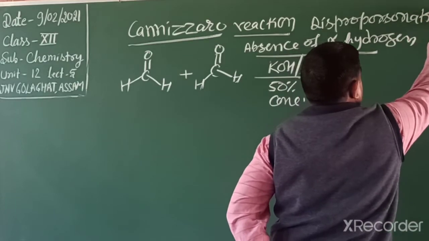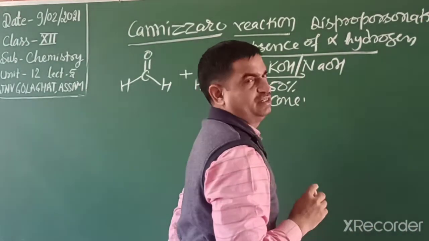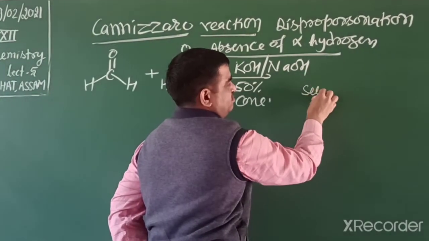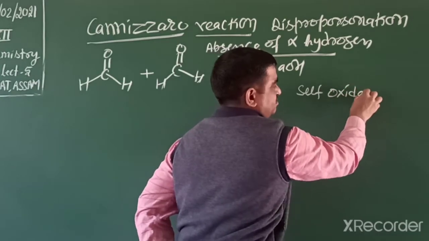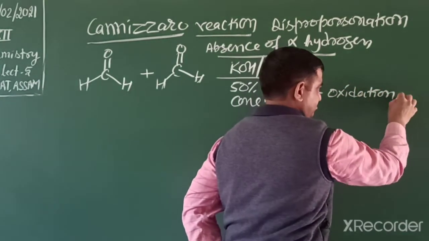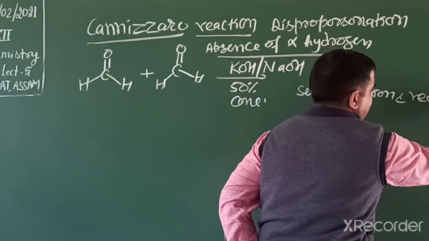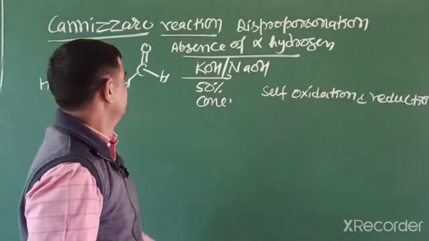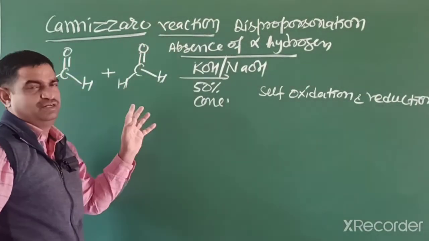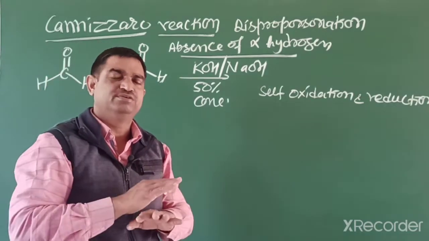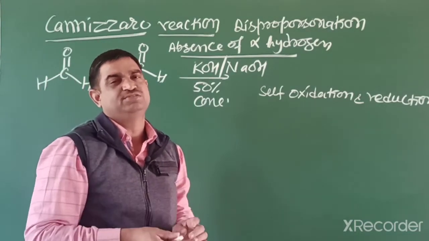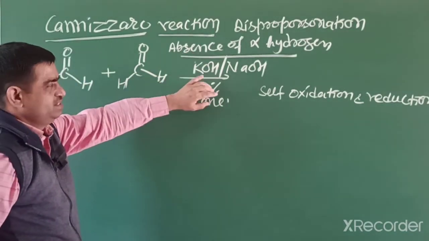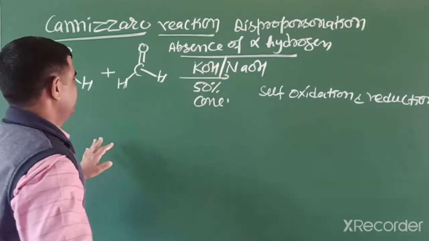Disproportionation means self oxidation reduction. It means one mole oxidizes as well as the other one reduces. So the Cannizzaro reaction is that reaction in which aldehydes having no alpha hydrogen, or we can say absence of alpha hydrogen, disproportionate in the presence of a concentrated base, sodium hydroxide or potassium hydroxide.